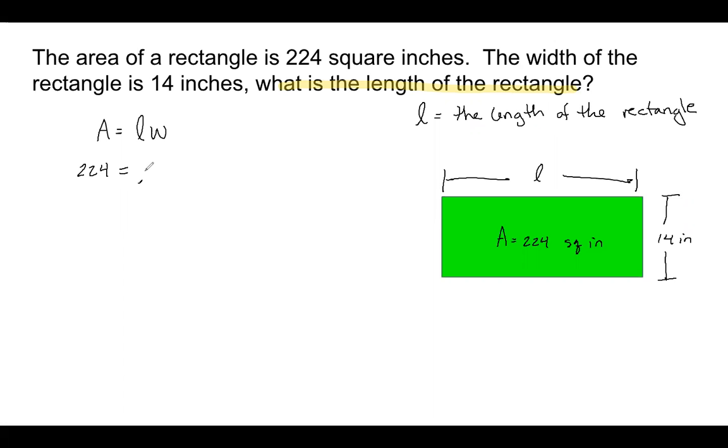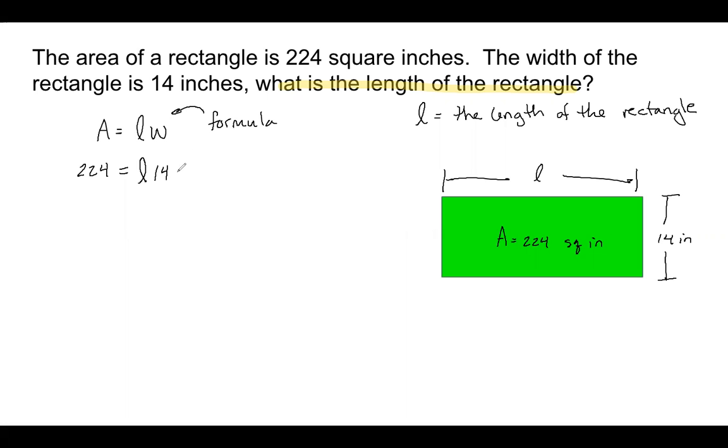So I'm going to leave L in my formula as an L because I don't know what that is. And we're just going to use a variable when we don't know what things are. And W, I know that W is 14. So let's put a 14 where W goes. And there's the equation. So anytime you're doing a word problem that talks about a geometric shape, you're always going to start with the formula for that shape.